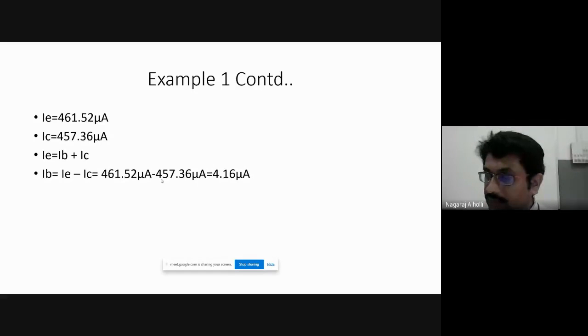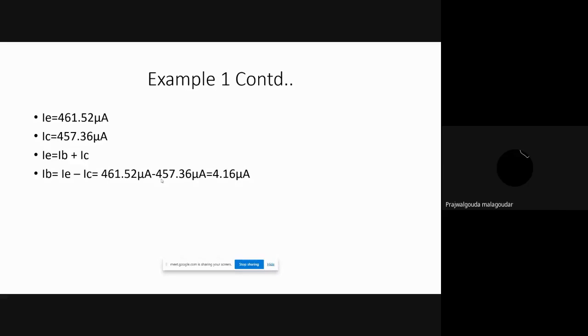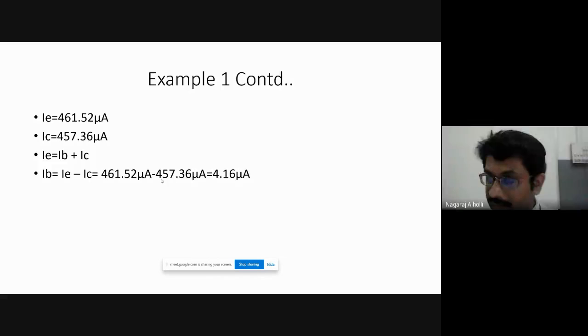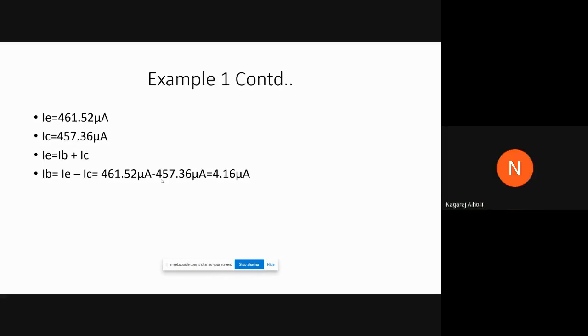Prajwal Gowda? Yes, sir. Is it understood? Yes, sir. Okay. Ramesh? Shiraj?